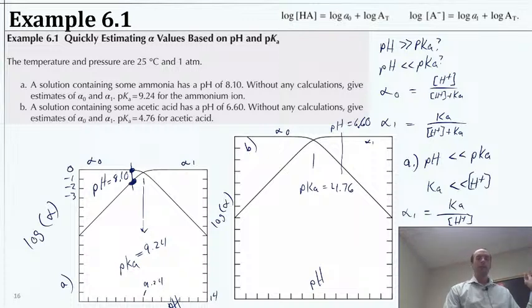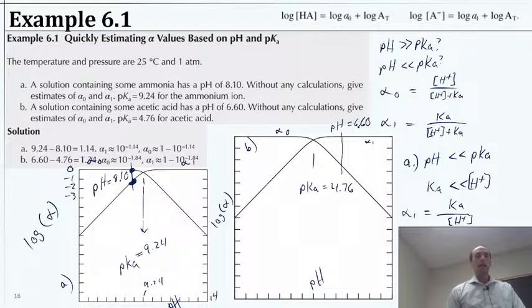So let's take a look at the solutions. I'm going to get rid of my writing here a little bit. Okay, so for A, we have 9.24 minus 8.1, that 1.14 number that you actually mentioned here. That's pKa minus pH.